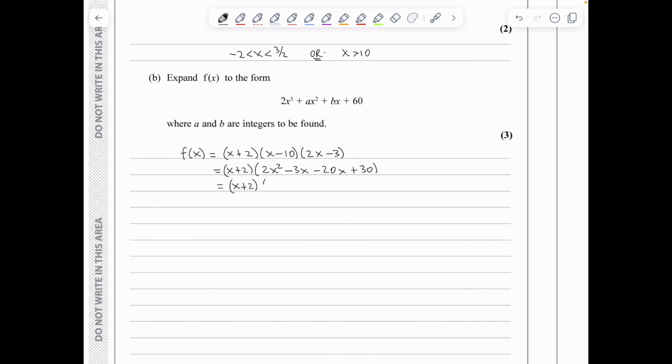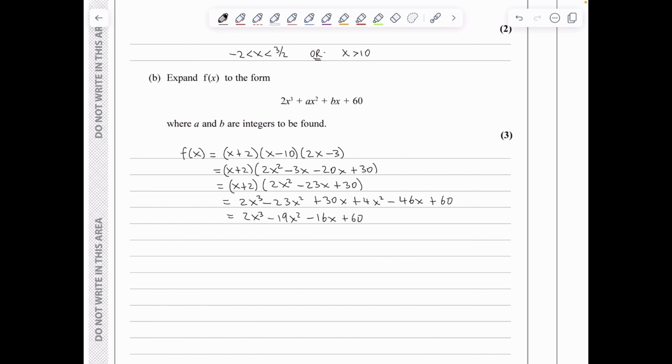It's 2x squared minus 23x plus 30. And I will further expand to get 2x cubed minus 23x squared plus 30x plus 4x squared minus 46x plus 60, which leads to 2x cubed minus 19x squared minus 16x plus 60.